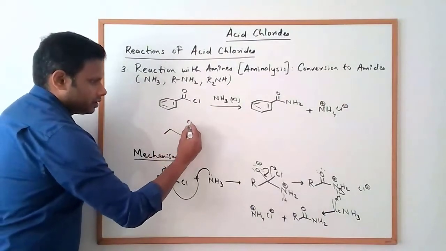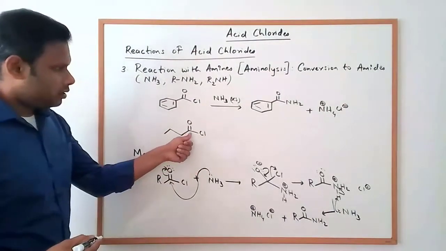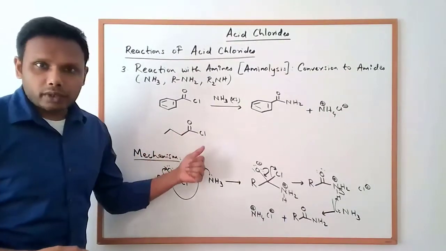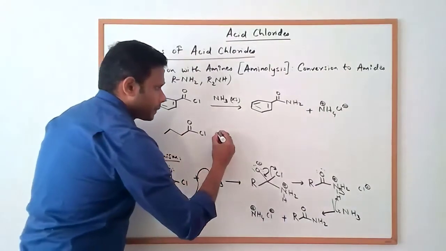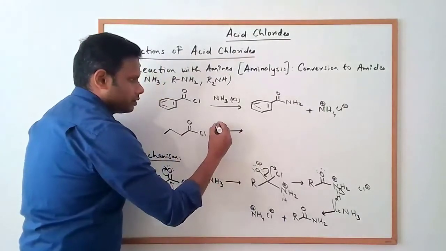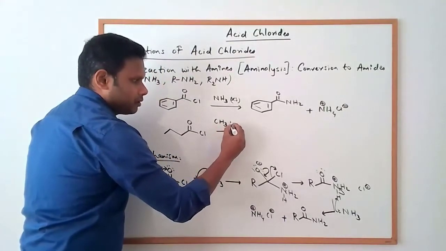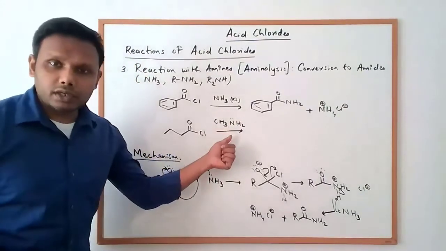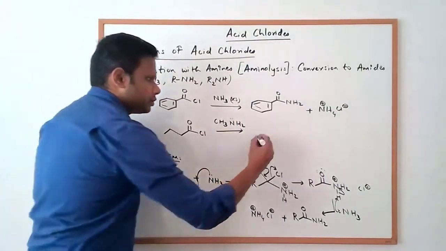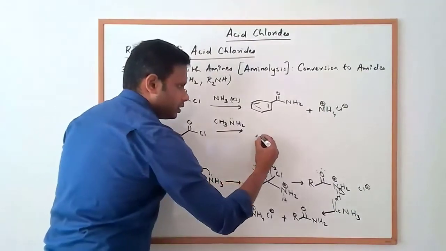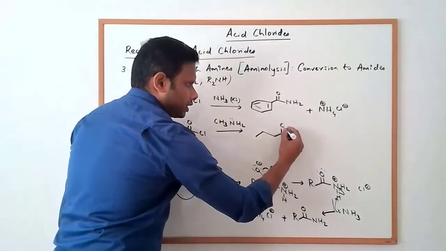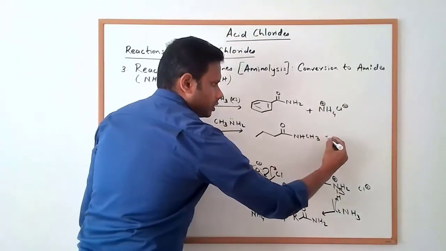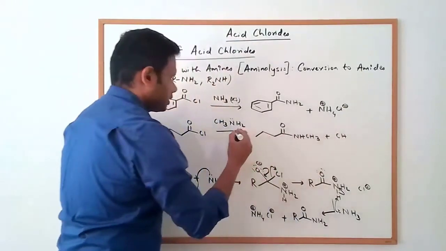If we have, let's say, 1, 2, 3, 4, so that's a butanoyl chloride. React this with methylamine, let's say. Now we are using a primary amine, so our product should be a secondary amide. So the product that we're going to get is going to be NH with a CH3 and plus, okay.